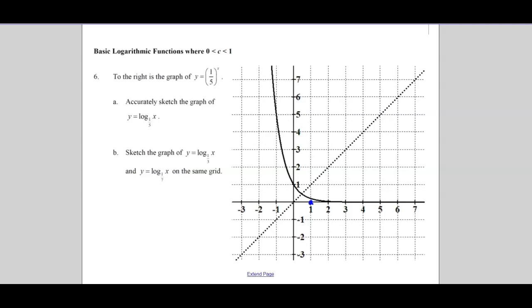Okay, and then (-1, 5) becomes (5, -1). (1, 1/5) becomes (1/5, 1). Okay, so that is your y equals log base 1/5 of x.